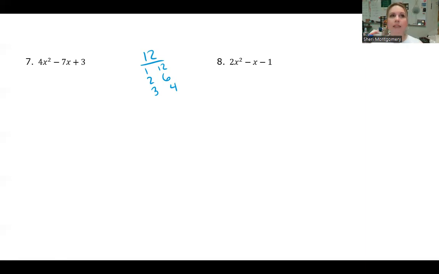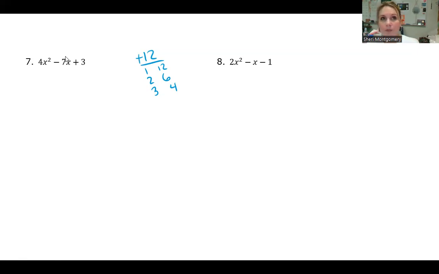When we multiplied it together, we had positive 4 and positive 3. So that made a positive 12, right? It's positive 12 that we're finding factors of.